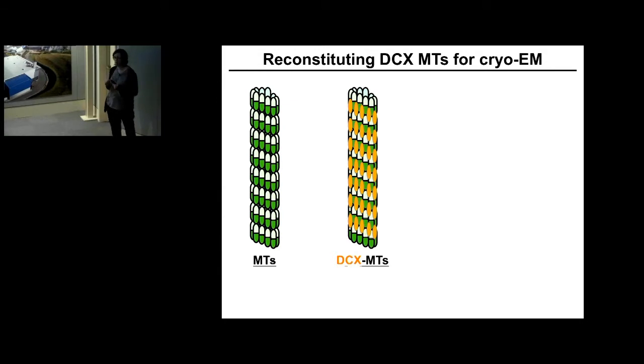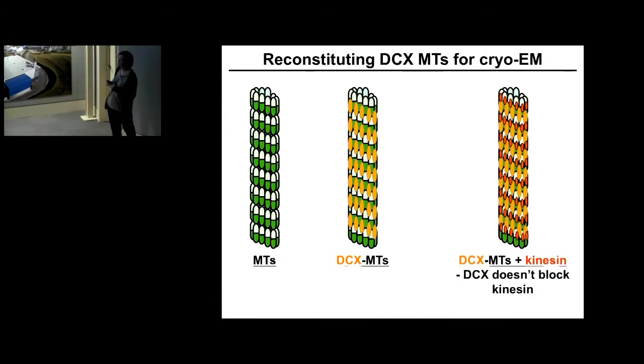At the time when we started doing these experiments, we didn't know where Doublecortin was binding, so we wanted to add a fiducial marker to the microtubule to help us localize ourselves with respect to the rest of the structure. So we used a kinesin motor domain, the binding site of which is very well understood, to tell us where Doublecortin was on the microtubule lattice, having validated that it didn't seem to affect the behavior of either Doublecortin in the presence of kinesin or vice versa.